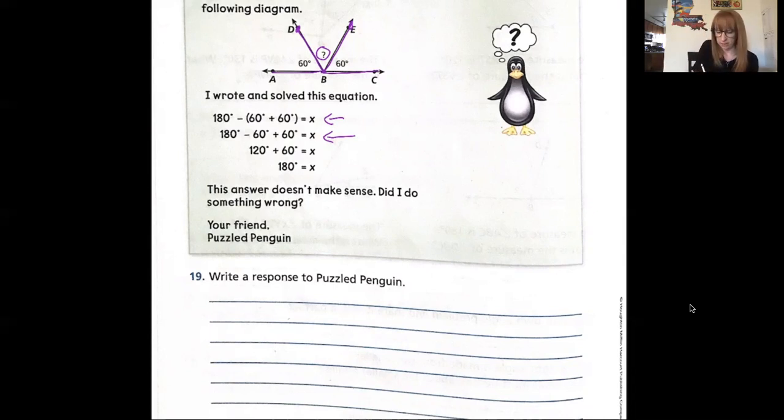He should have left his parentheses there and added 60 plus 60 to get 120, and then subtracted 120 from 180. So it should look something like this.